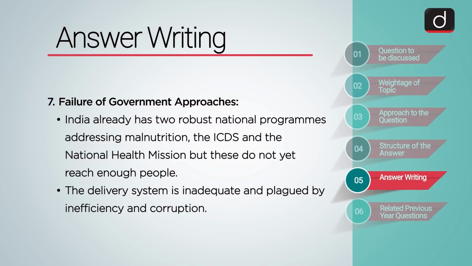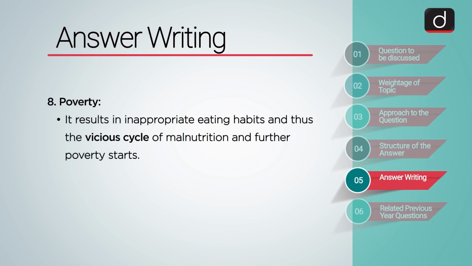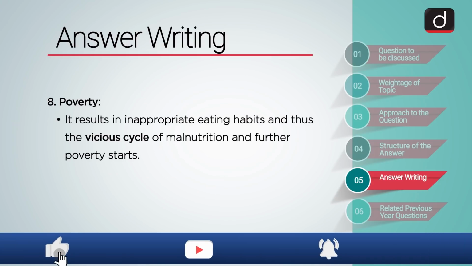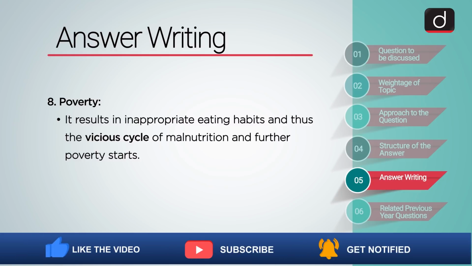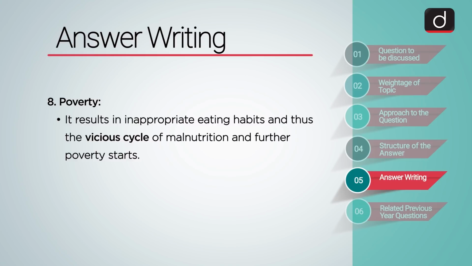The delivery system is inadequate and plagued by inefficiency and corruption. Some analysts estimate that 40% of the subsidized food never reaches the intended recipients. Poverty. It results in inappropriate eating habits and thus the vicious cycle of malnutrition and further poverty starts.